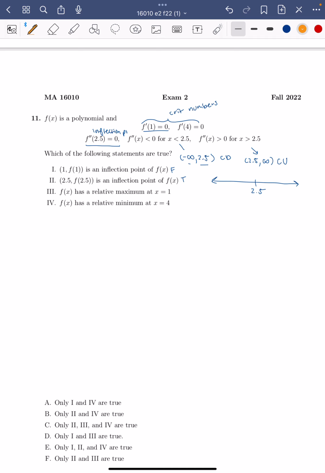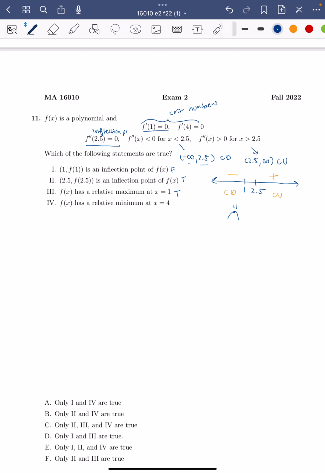This is concave up, and this is concave down. We can see that where x equals 1 would be right here. Because this section, negative infinity to 2.5, is concave down, we can see that it's a relative maximum. So that's true.